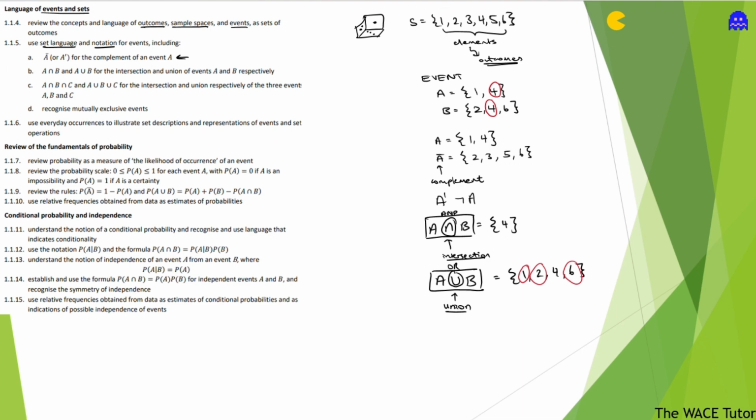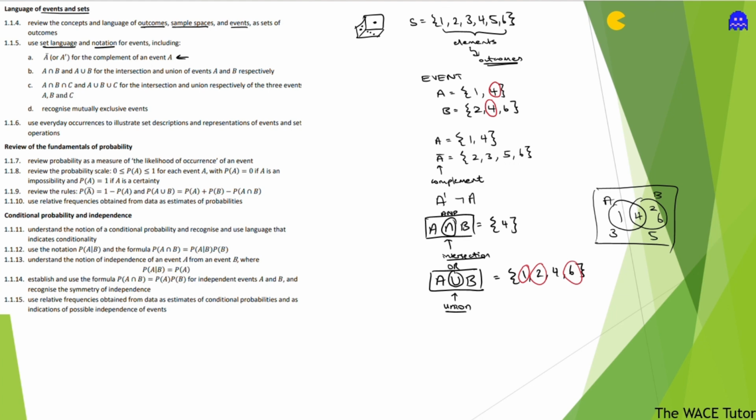If we represent this as a Venn diagram, and we have our events A and B, then event A includes 1 and 4, and event B includes 4, 2 and 6, and everything outside is 3, 5.